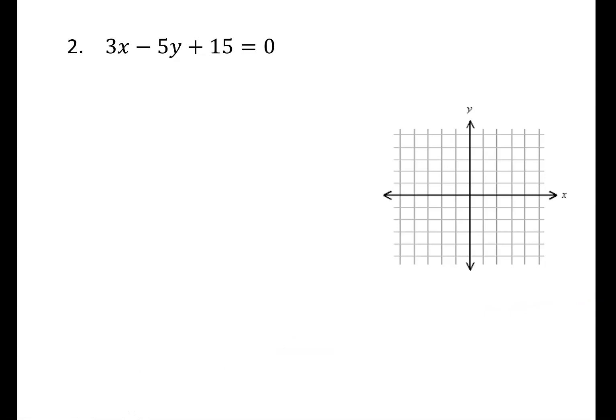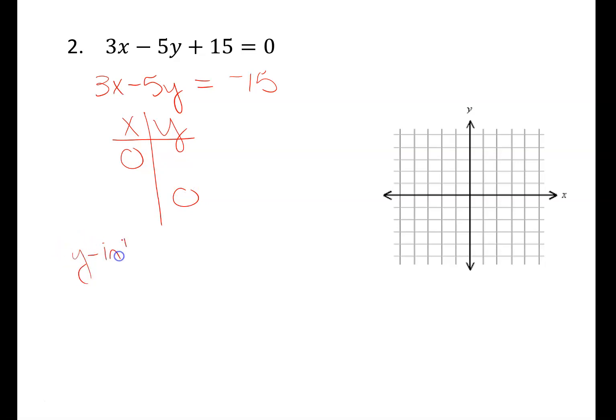Okay, so remember the first step is we want x and y on the same side, constant on the other, so we're going to subtract the 15. Make sure you get that negative sign on there. Okay, now we're going to make our table. 0 for x, 0 for y. And I'll go ahead and write it out again in case you need it.